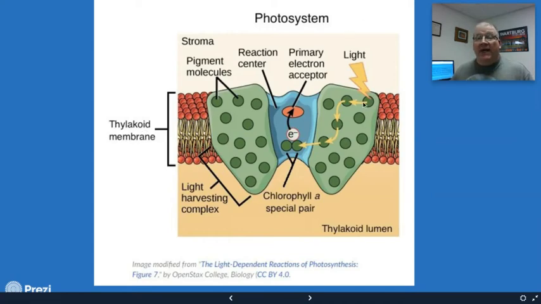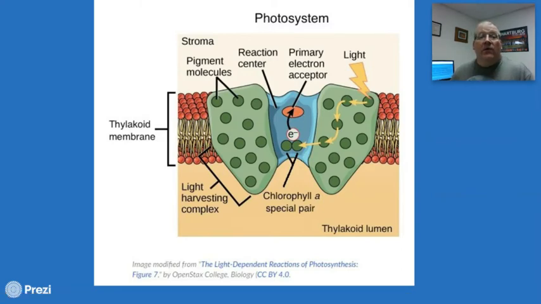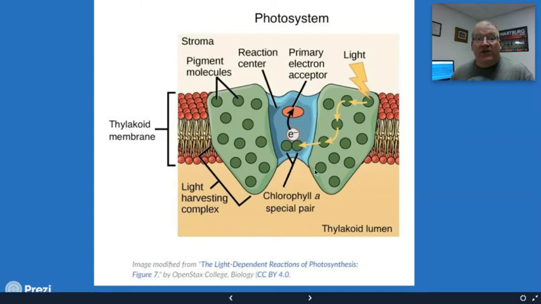Okay, so light is going to strike chlorophyll. That is going to then hot potato that electron from molecule to molecule in this photosystem. Okay, eventually sending that electron to what's referred to as the primary electron acceptor here, in what's referred to as this reaction center.